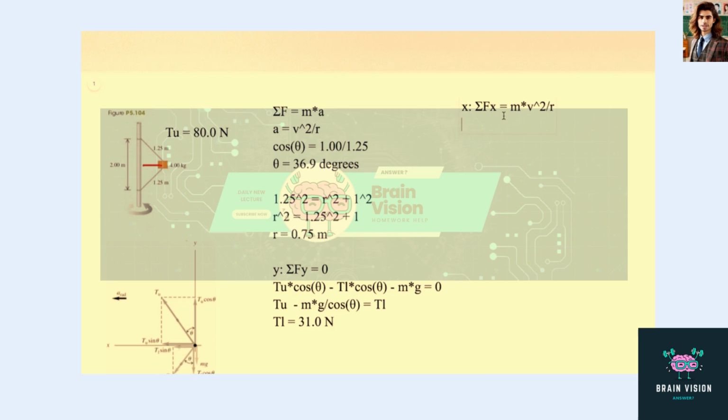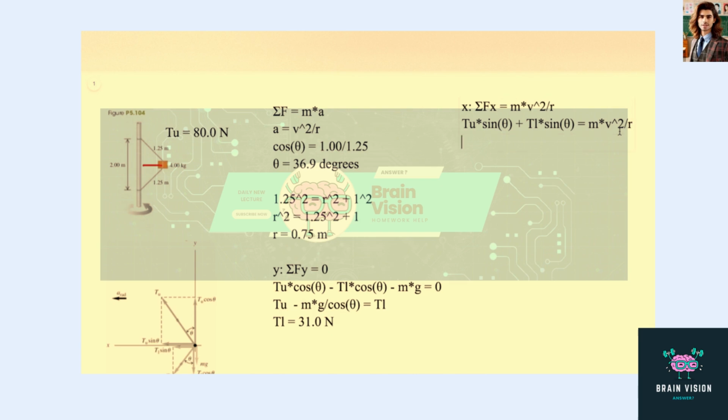Since these are both in the same direction, we'll just add them. So TU times sine of theta plus TL times sine of theta, and again, that's going to be equal to mv squared over r.